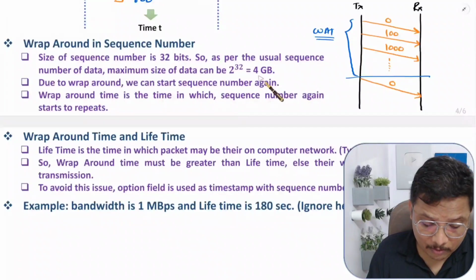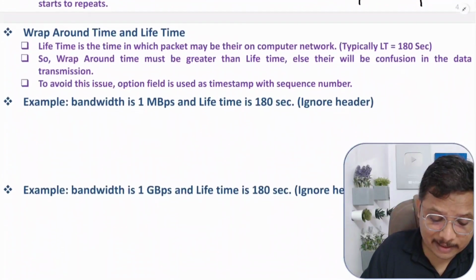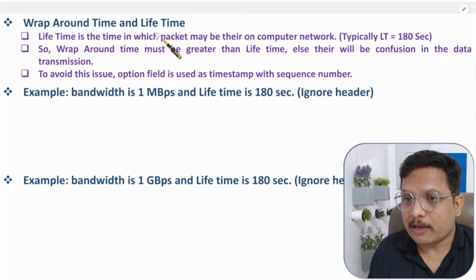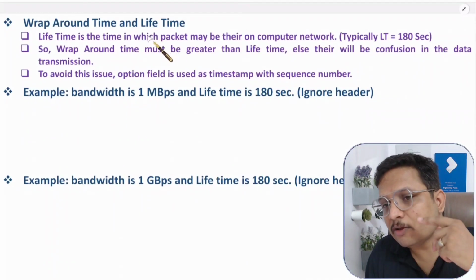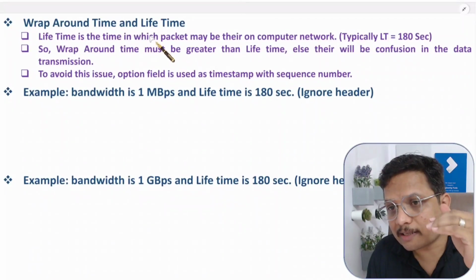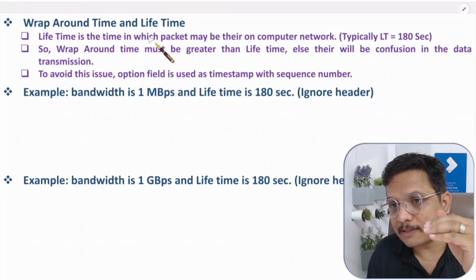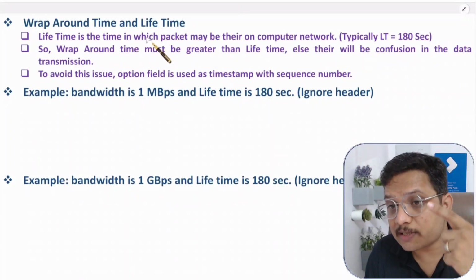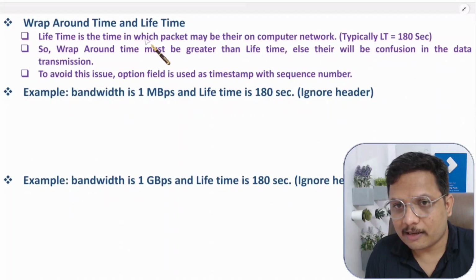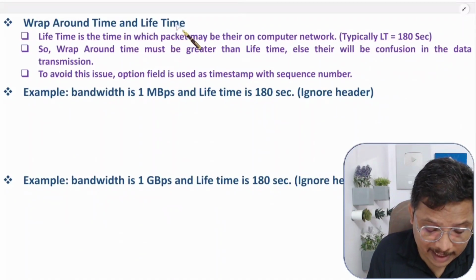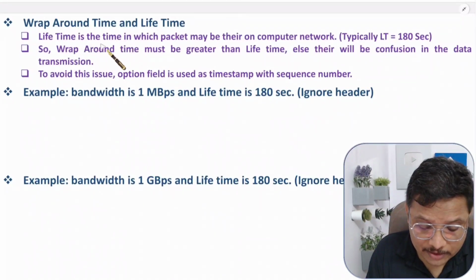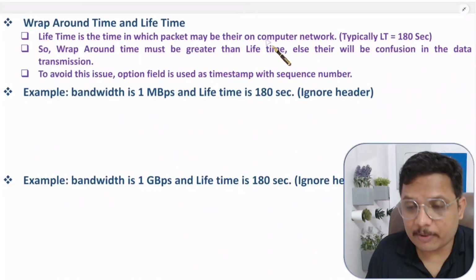Now, there is one more interesting concept, that is lifetime. Why am I explaining these definitions? You need to understand the critical situations and how they are handled in the TCP segment header. Lifetime is the time for which a packet may be on the computer network.